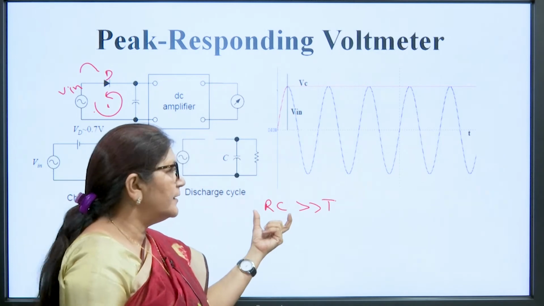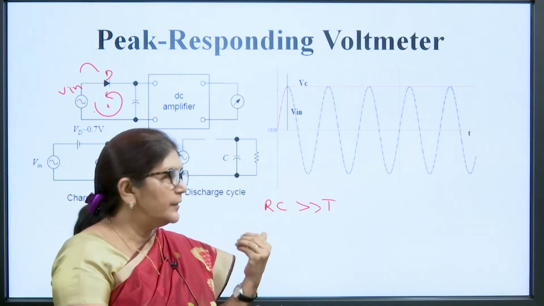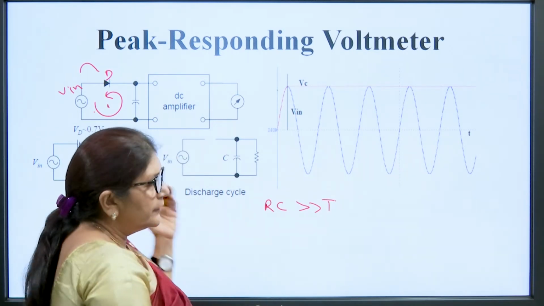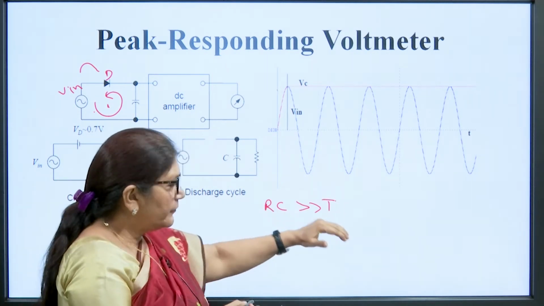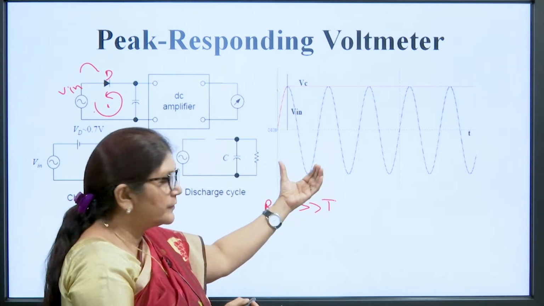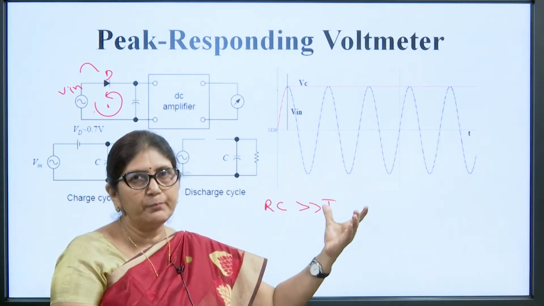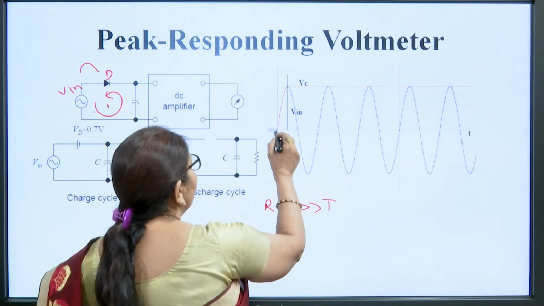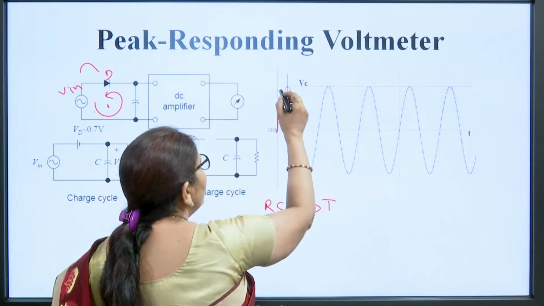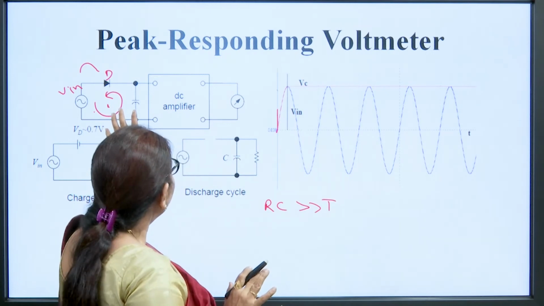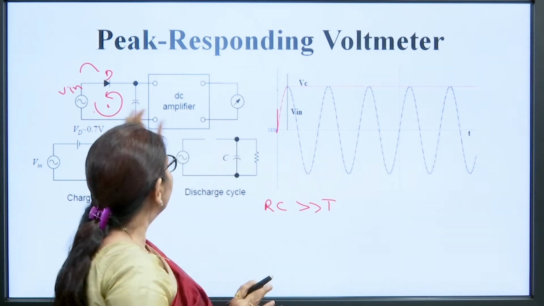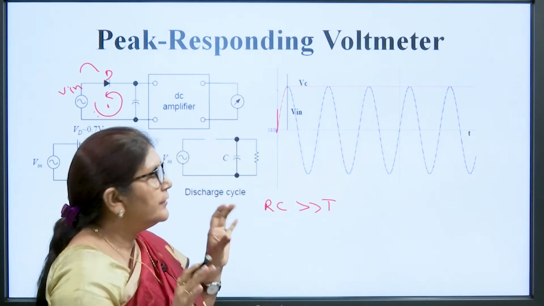If it is less than this, then the capacitor starts discharging through the diode during the negative cycle. So, the value of RC should be very high compared with the time period of the input signal we are applying. Then the capacitor will charge once, store that value of the voltage across it, and not discharge.